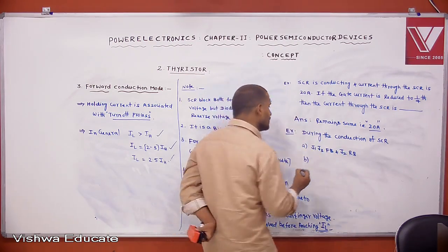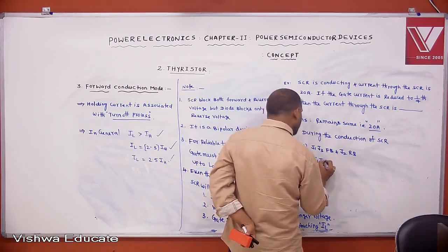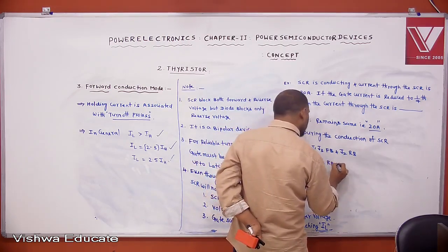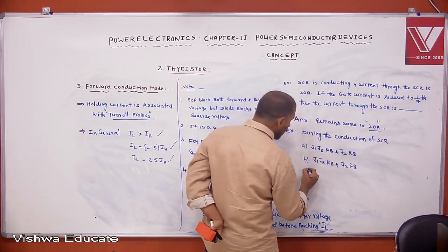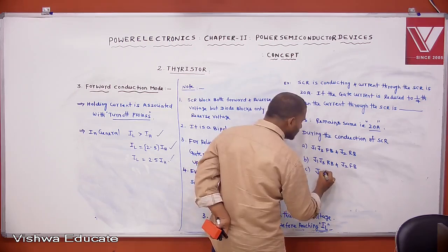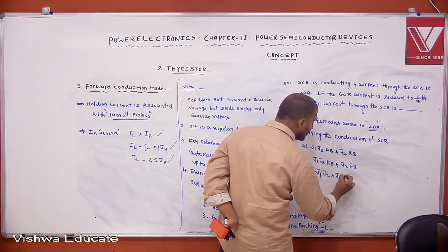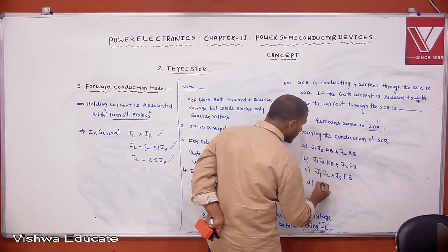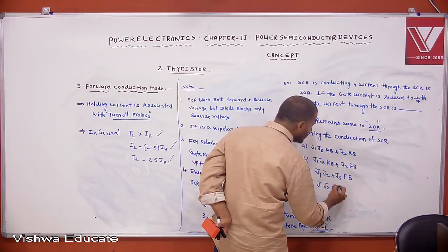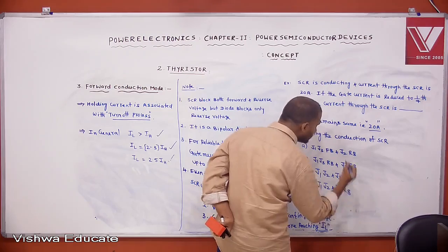Option B: J1, J3 reverse bias and J2 is forward bias. Option C: J1, J2 and J3 are forward bias. Option D: J1, J2 and J3 are reverse bias.